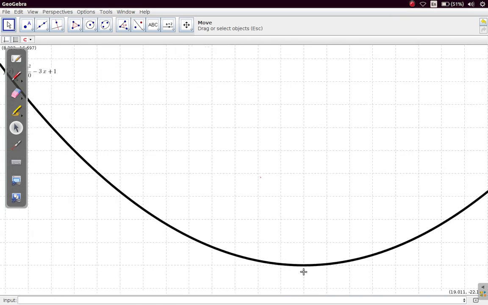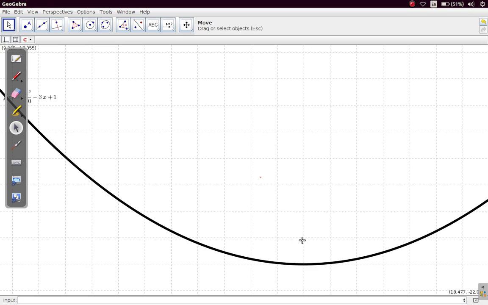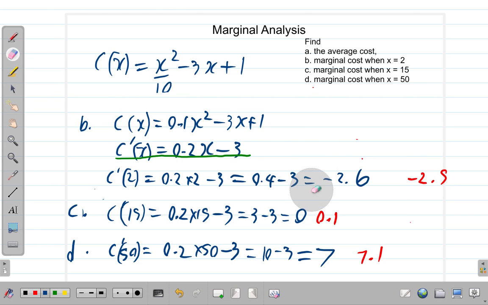Good. Now, this is the line at 15. Right? From what we did earlier, you can see that it is the axis of symmetry and the value is 0. The derivative is 0. Alright?